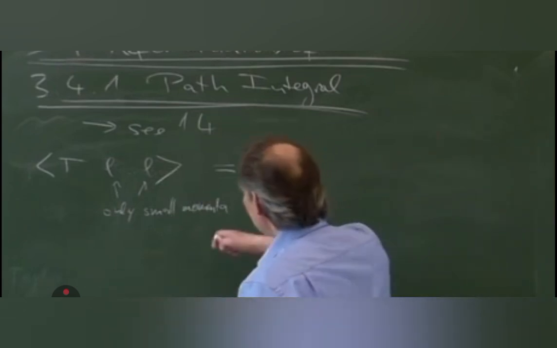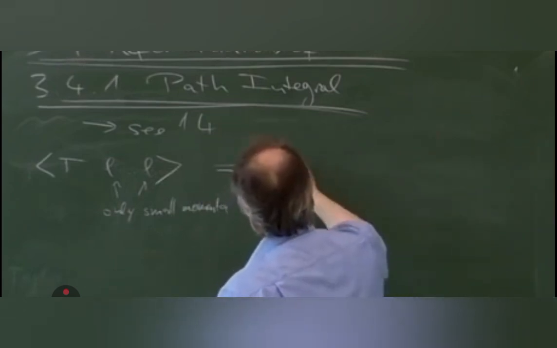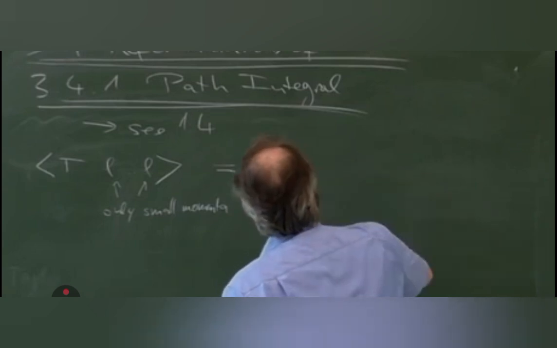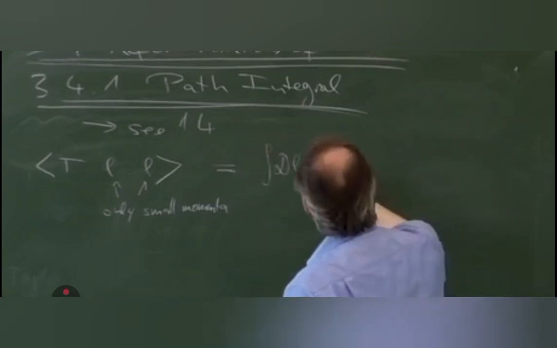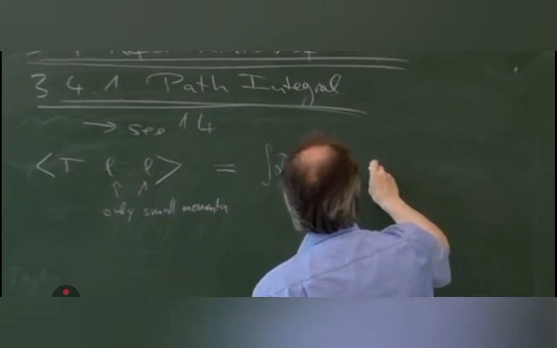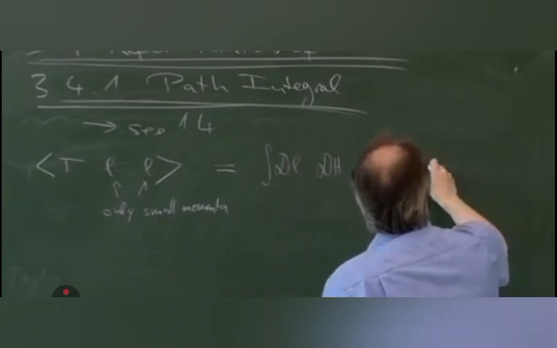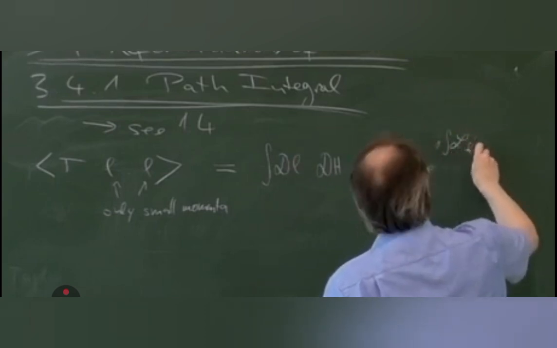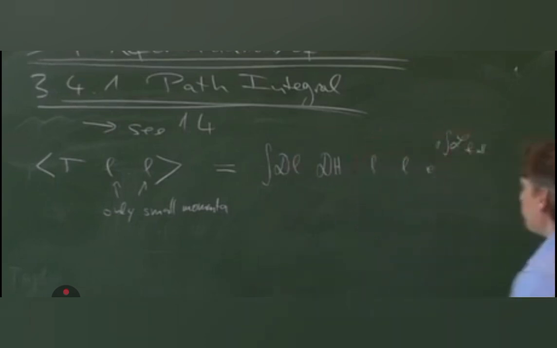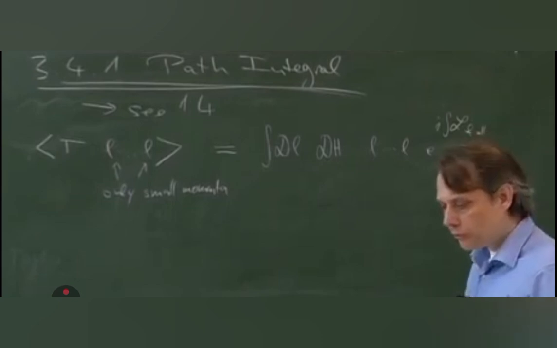So let's only allow small momenta for the light fields, and then the path integral formula for it is a path integral over all the light field configurations times all the heavy field configurations, then these light field variables, and e to the i times the action of the full theory. So that is the completely general result.